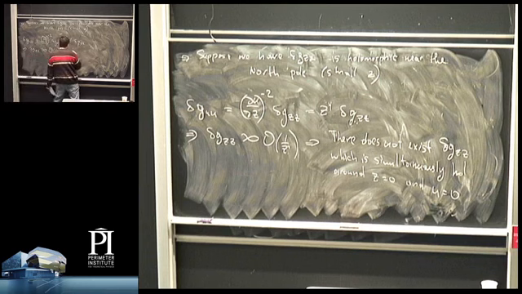And this implies that there does not exist a delta GZZ which is simultaneously holomorphic around z equals 0 and u equals 0.